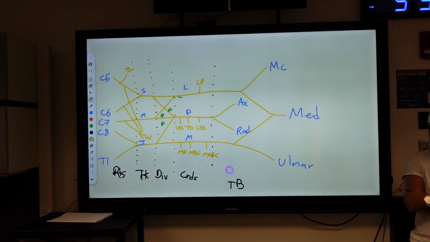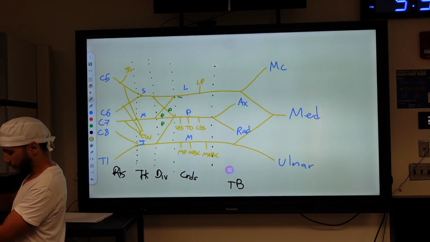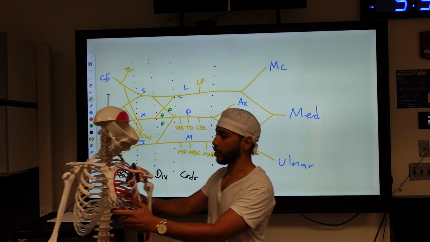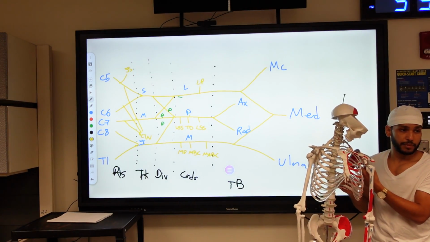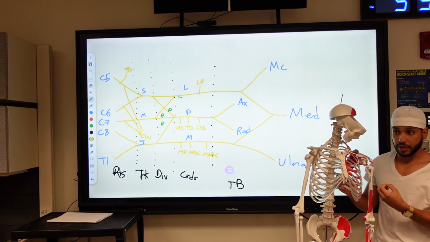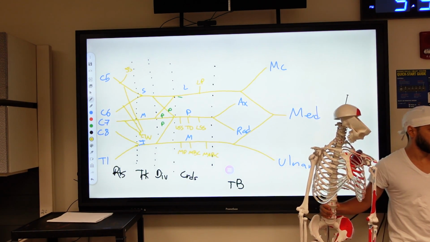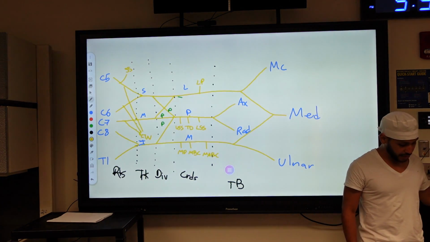Yeah, directly beneath the scapula. When we say beneath the scapula, we mean the anterior face of the scapula, right? So if I'm looking at the skeleton right here, I'm talking about this face of the scapula that I have my finger on. This is called the subscapular fossa, inside of which we have a muscle called the subscapularis, right? So the upper and the lower subscapular nerves are innervating the subscapularis.